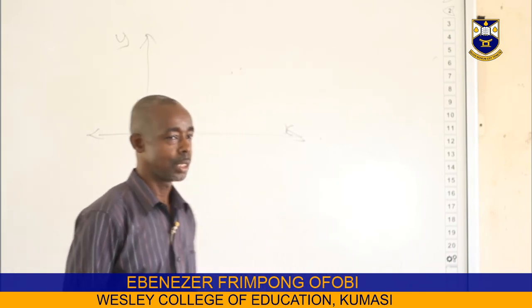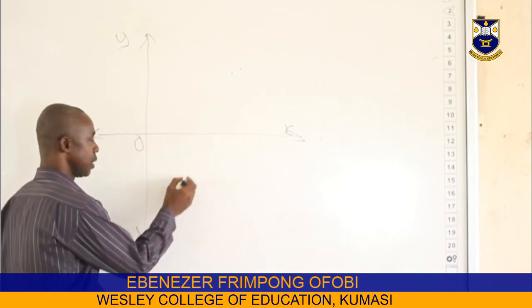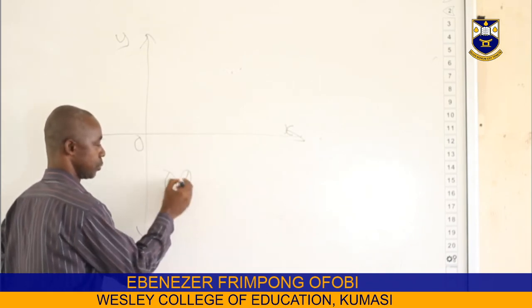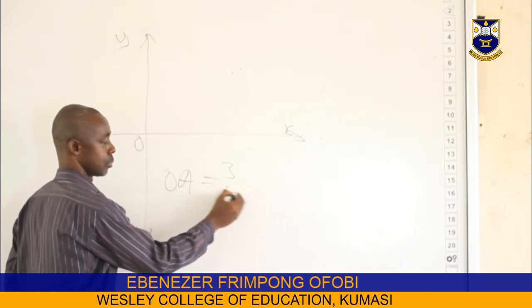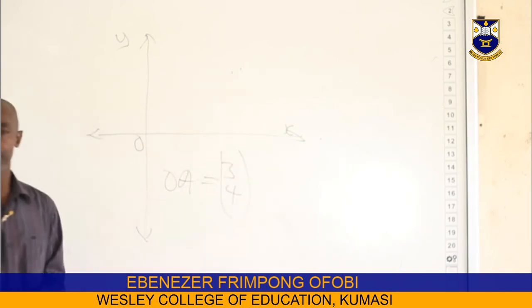Okay. So, giving you vector OA as (3, 4).